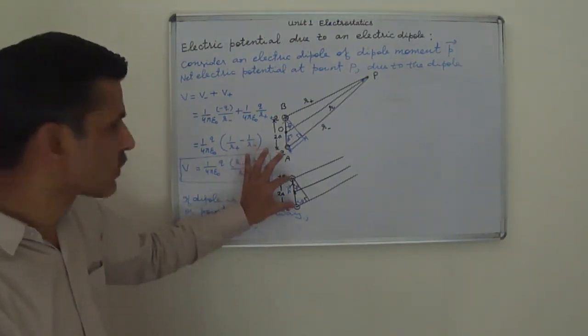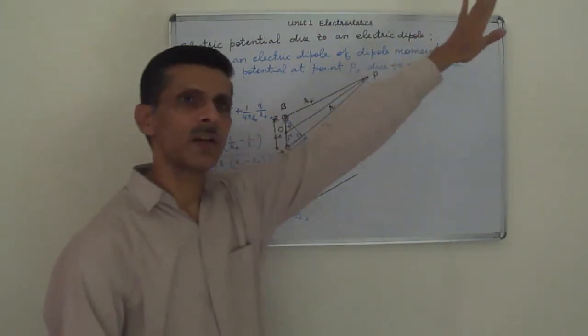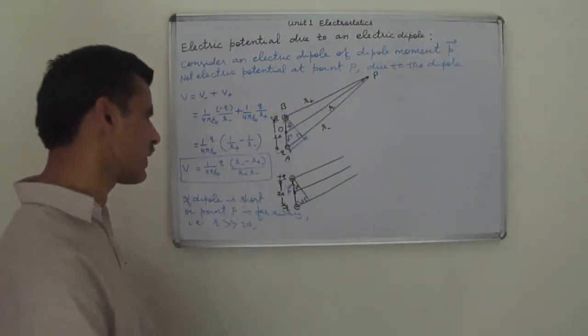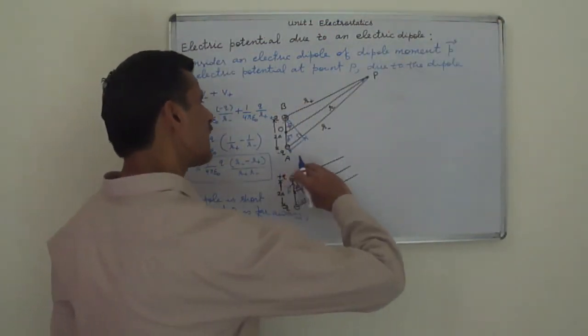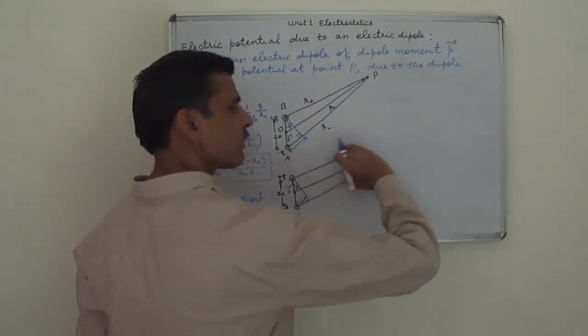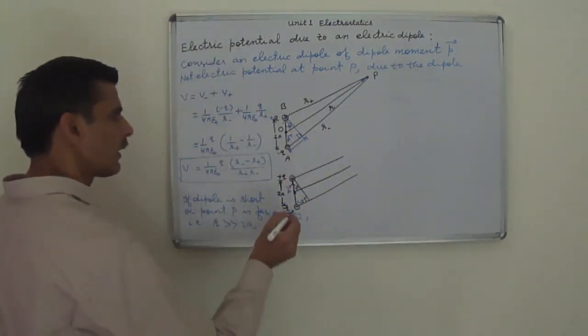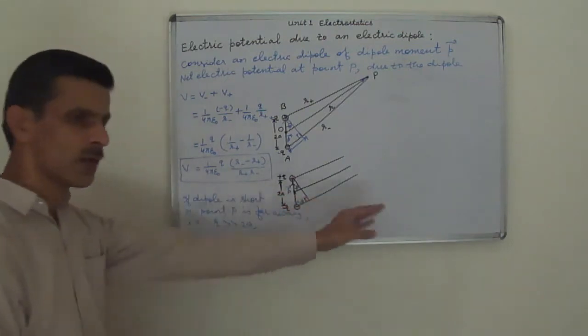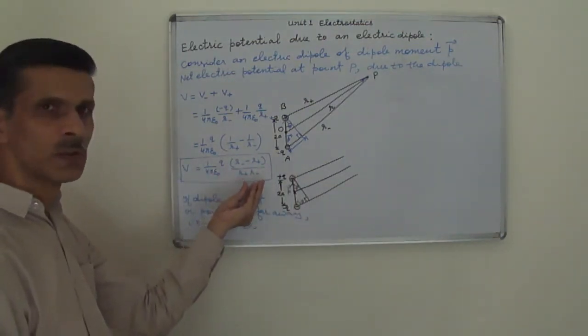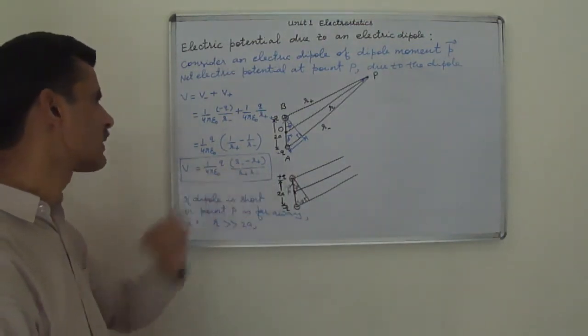In comparison with this distance 2a, R is much greater. In this approximation, these three lines are approximately parallel, and here we can easily solve this relation.